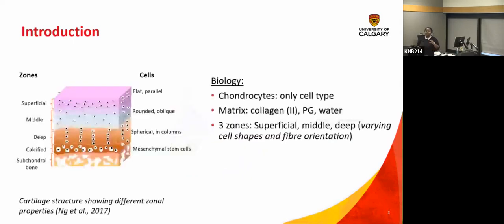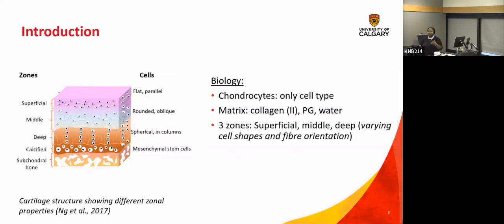So now taking a closer look at the tissue, cartilage is said to be very unique in the sense that it's aneural, it's avascular, so not connected to any ready blood supply.